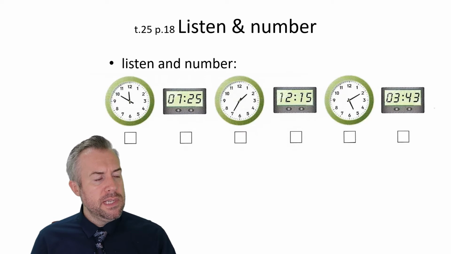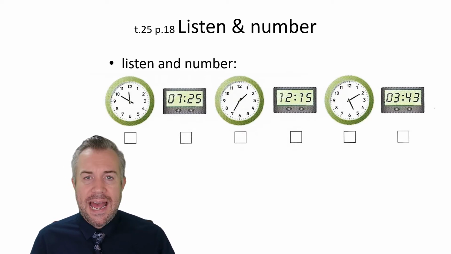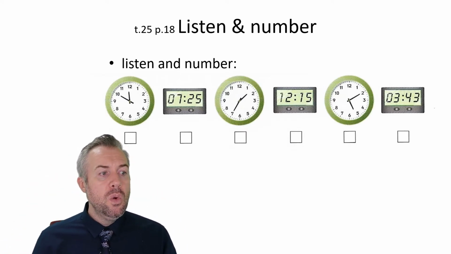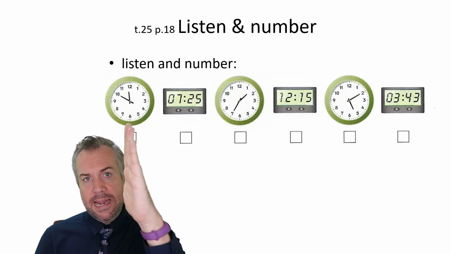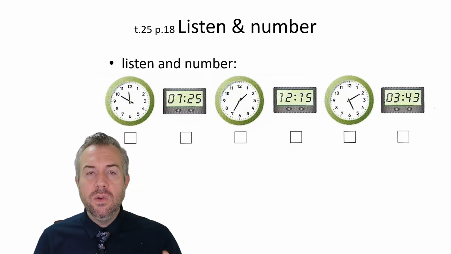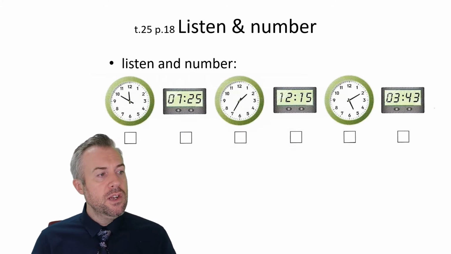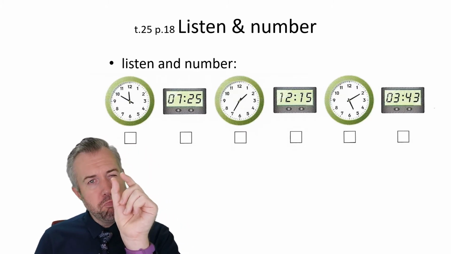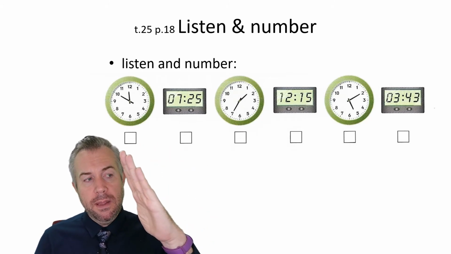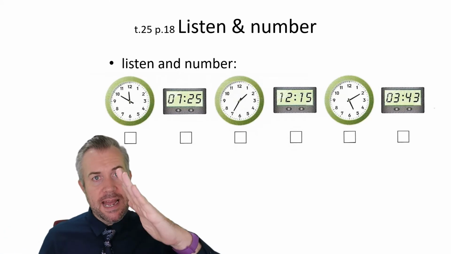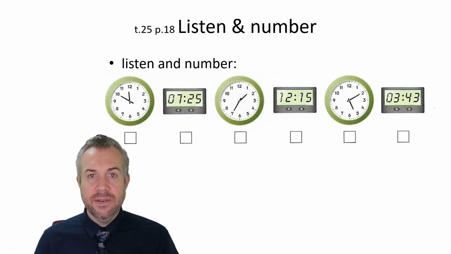How can we decide which hand is which? Sometimes the short hand and the long hand can be quite similar. Well, we know that as the minute hand moves, the hour hand also moves very slowly. So if we look at the middle clock, 1:35, the hour hand is just a little more than halfway between 1 and 2, because the minute hand is at 35.